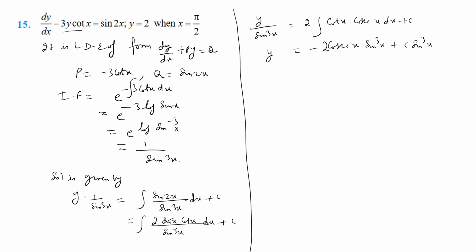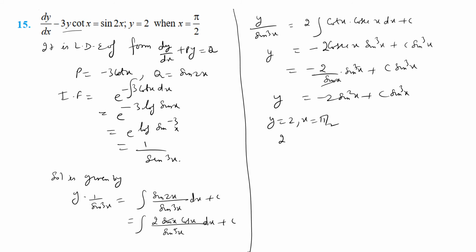So it is minus 2 upon sine x into c sine cube x, minus 2 sine square x plus c sine cube x. So put y is equal to 2, x is equal to pi by 2. 2 is equal to minus 2 sine square pi by 2 plus c sine cube pi by 2, so minus 2 plus c.